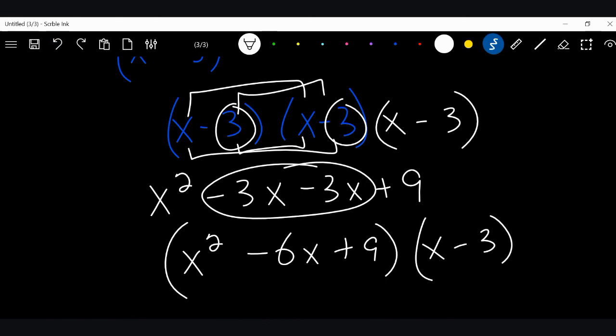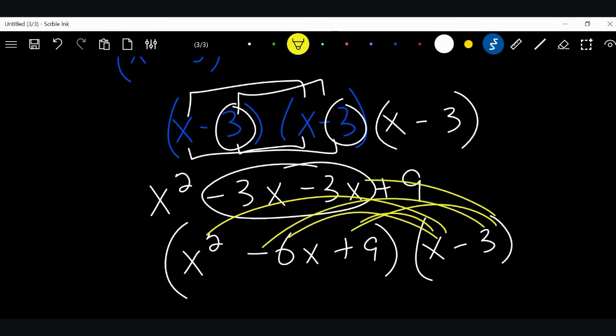You can't do FOIL on trinomials. The way that you solve a trinomial or a polynomial is you distribute it through. You can't FOIL, sorry. And so you're going to distribute the x through, and then you're going to distribute the 3 through. And that's how you would do, you kind of combine those two things that we already did if you want to do a cubed.